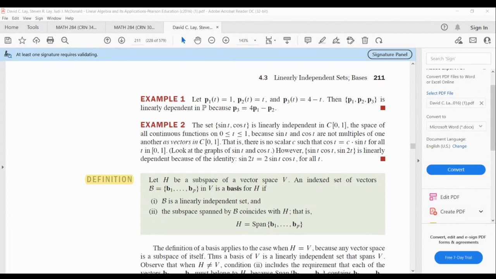Now, in a sense, the basis is considered the most efficient set of vectors that you need for the space.